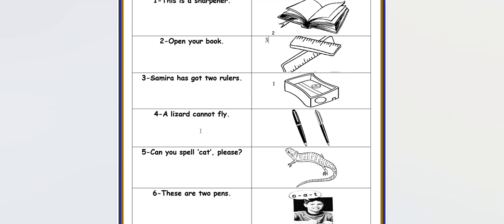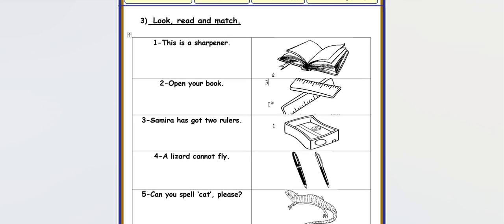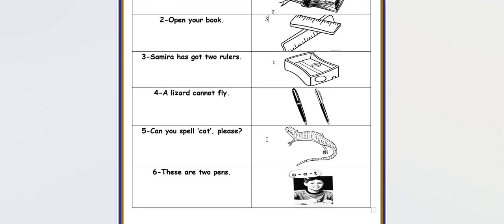A lizard cannot fly. Okay, guys, can you find here a lizard? Yes, excellent. This one is a lizard. Okay, sentence number 4, we can write here 4. Okay, number 5, can you spell cat, please?